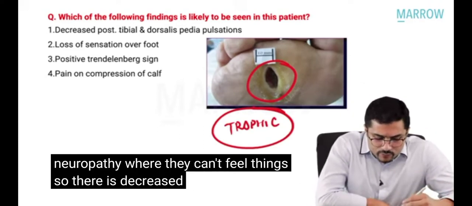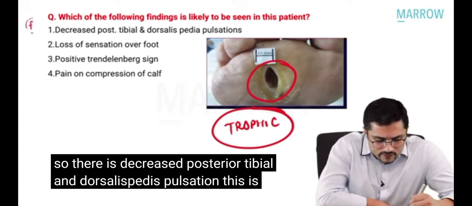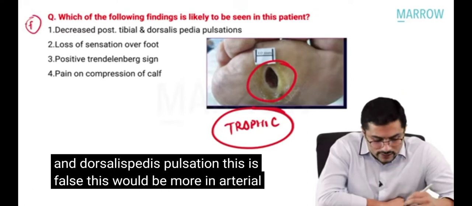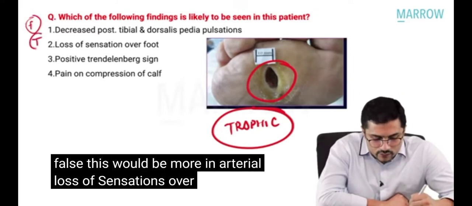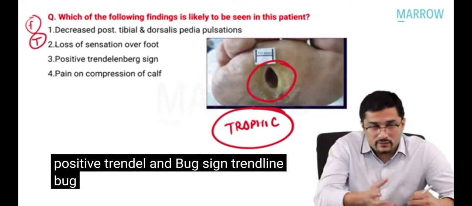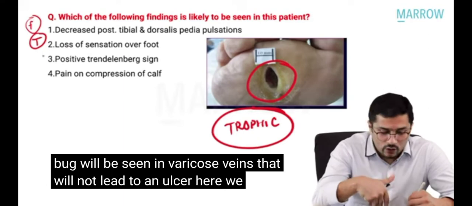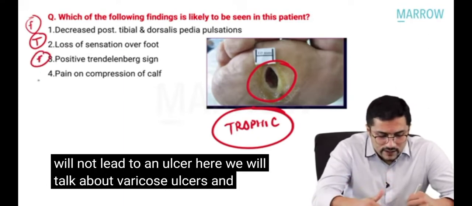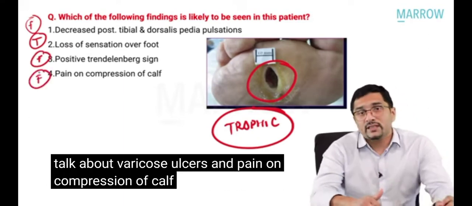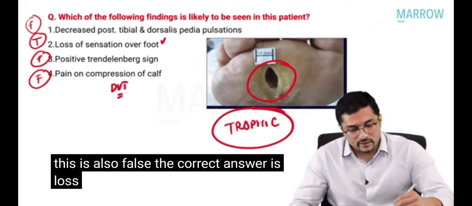So, decreased posterior tibial and dorsalis pedis pulsation is false, this would be more in arterial ulcers. Loss of sensation over the foot is true. Positive Trendelenburg sign will be seen in varicose veins, that will not lead to an ulcer here. We will talk about varicose ulcers. Pain on compression of the calf is a sign of DVT, so this is also false. The correct answer is loss of sensation.